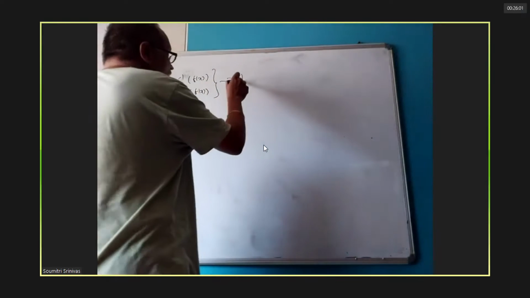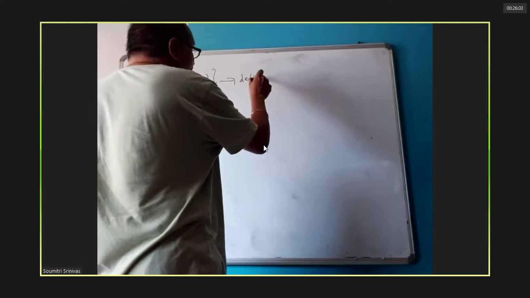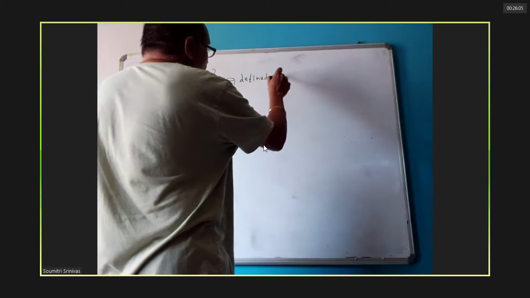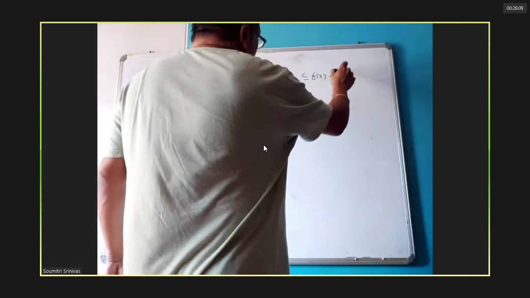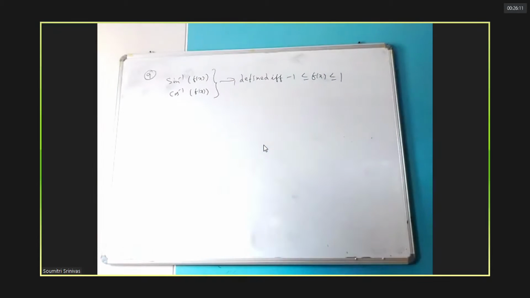What am I trying to tell you? I am trying to tell you that ninth, sine inverse f of x and cos inverse f of x are both defined if and only if f of x lies between -1 and 1.